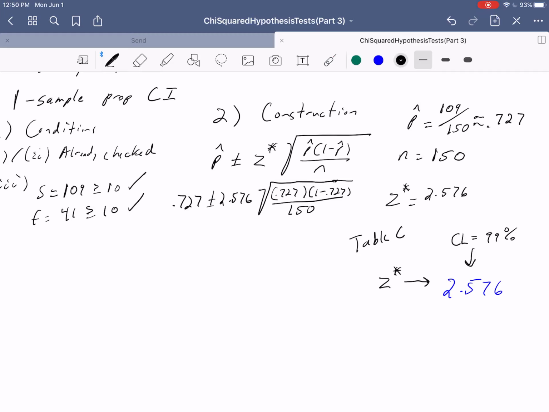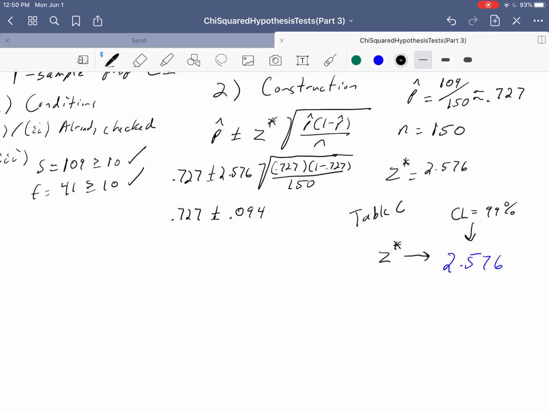And it looks like our margin of error there, we should get 0.727 plus or minus 0.094. All right, then we can build our interval, 0.727 minus 0.094, and we can get 0.633, comma, 0.727 plus 0.094, which gives 0.821.